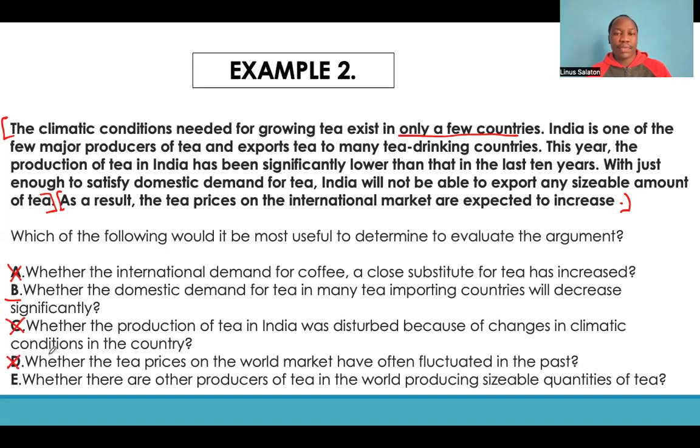So this doesn't really explain the issue of pricing in the international market. So eliminate that. Our best answer for this case is B, which says whether the domestic demand for tea in many tea importing countries will increase significantly.